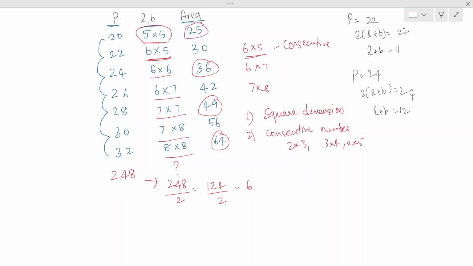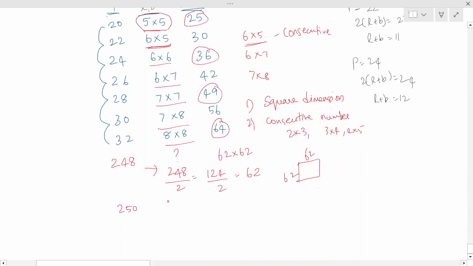So you get 62, and therefore this results in a square, 62 by 62, and the maximum area would be 62 times 62. But what happens if it is 250? You can still divide 250 by 2 and then 125 by 2, or you can directly do 250 divided by 4 and take the quotient.